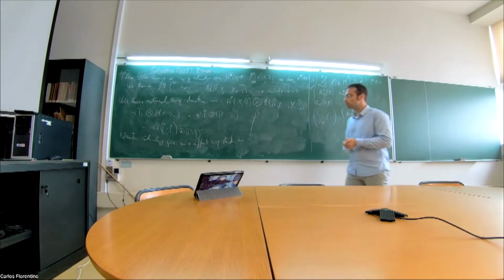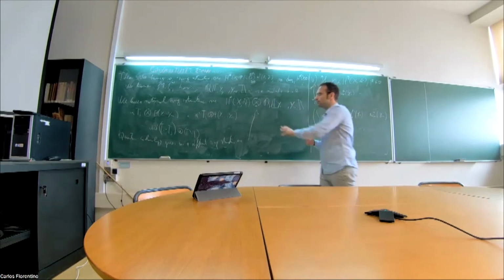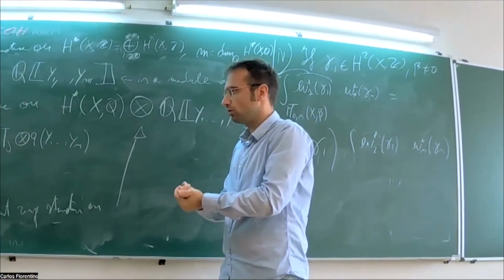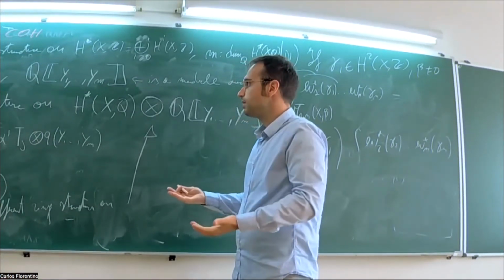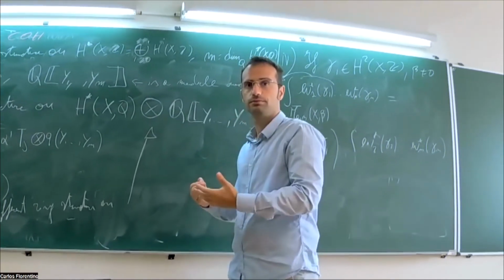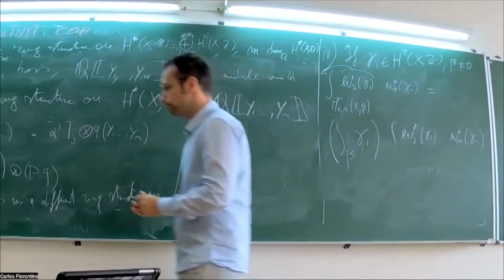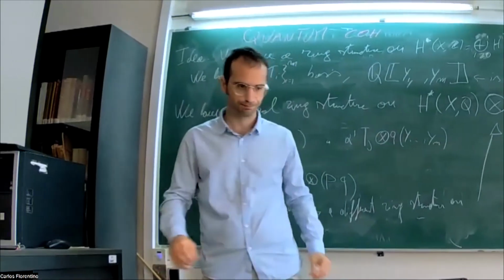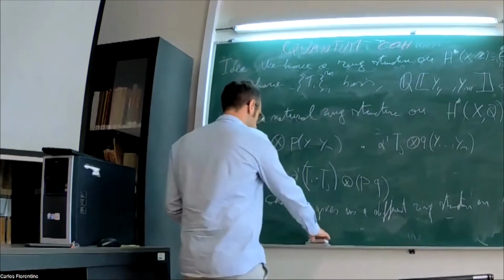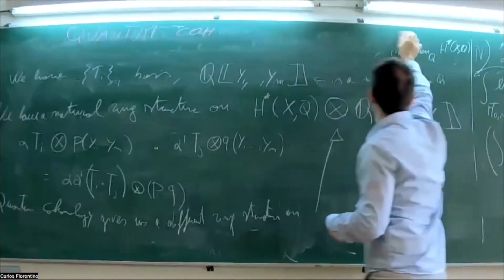So what we are going to do is to tensor this space with this space. This comes with a natural operation, but we will consider the same space with another operation. And to do that, we will use the Gromov-Witten invariants. So now I can go back to what I was saying before.